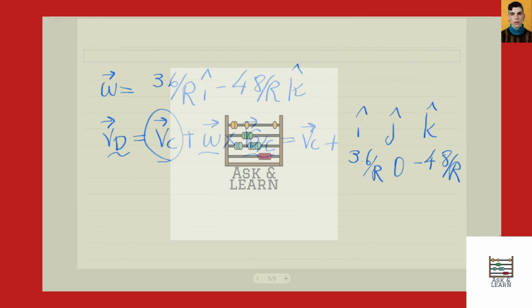And this is r, just r, because the position of D relative to C equals the position of D from the origin minus the position of C from the origin, which is just r j hat, as you can see from the drawing.